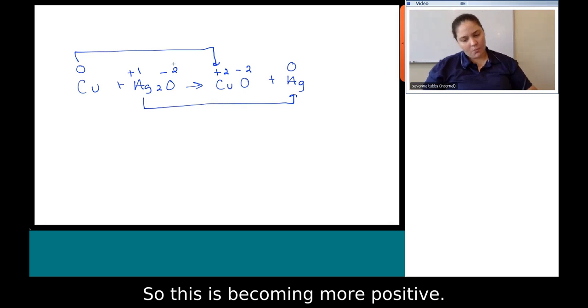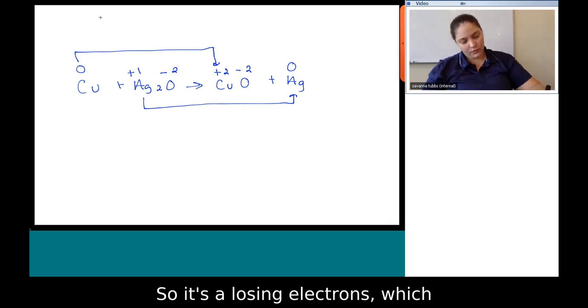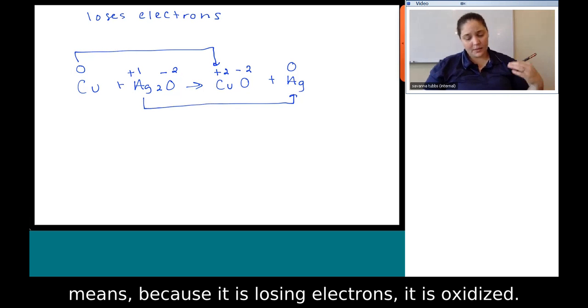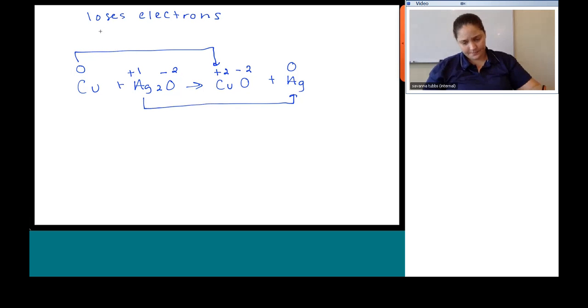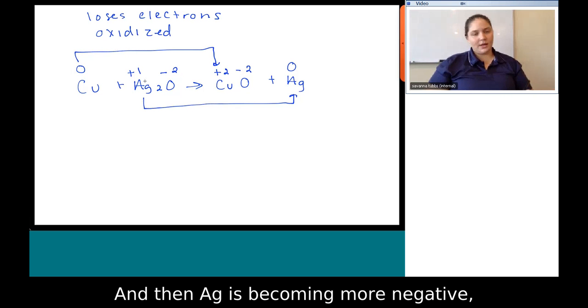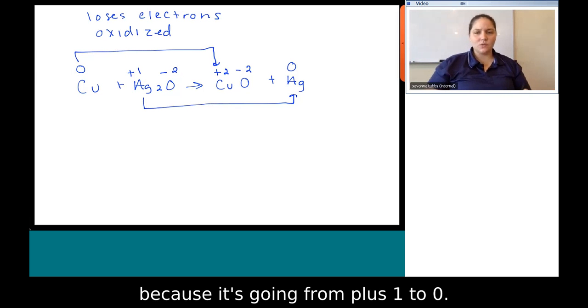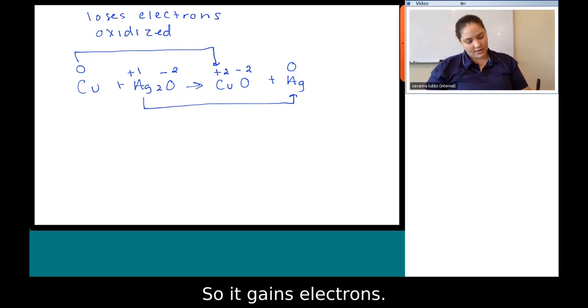So this is becoming more positive, so it's losing electrons. Which means because it is losing electrons, it is oxidized. And then Ag is becoming more negative because it's going from +1 to 0, so it gains electrons.